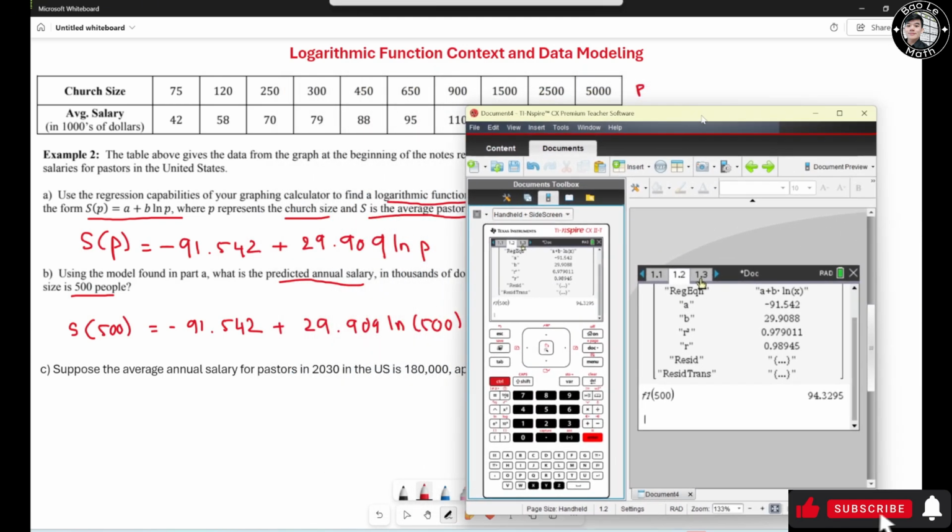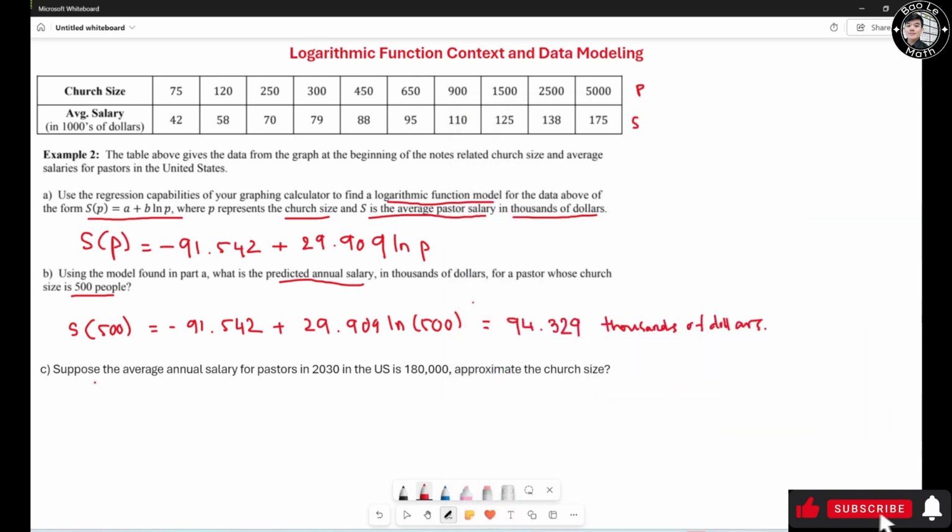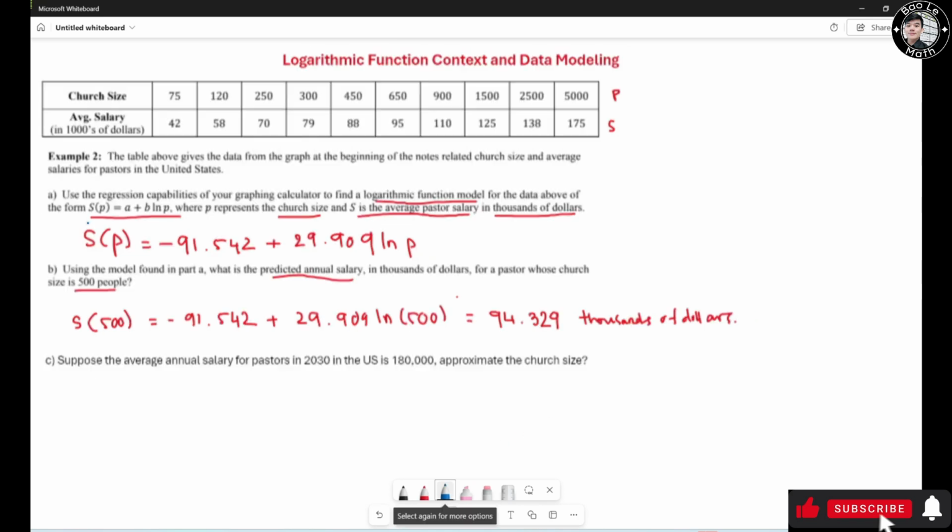Now, next one. Suppose the average annual salary for pastors in 2030 in the United States is 180,000, approximately. So you're given S of P, right? And you need to find P right here. Now I'm going to use the formula right here.